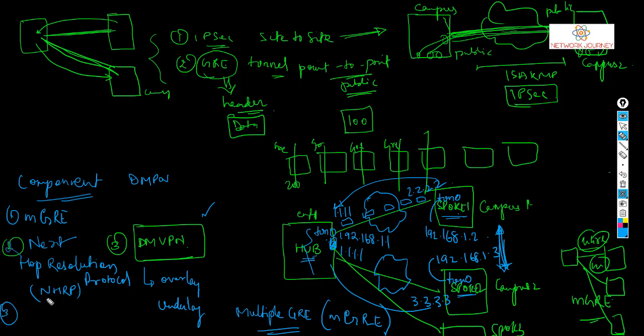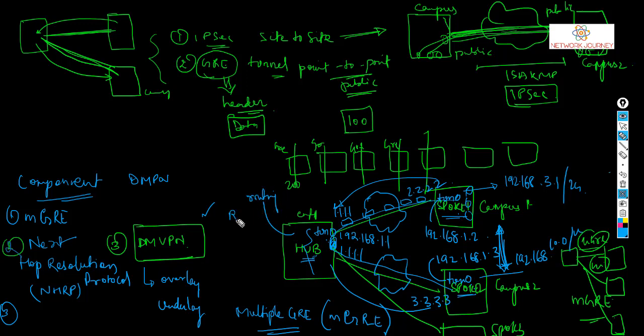What else do we need? We need a routing protocol. Where do we need a routing protocol? Let's say these are campus networks whose private networks are 192.168.3.1 series, and the private network here is, let's say, 192.168.10.0/24. Now if this user wants to communicate to the users belonging to this campus, we need to have some sort of routing enabled here.